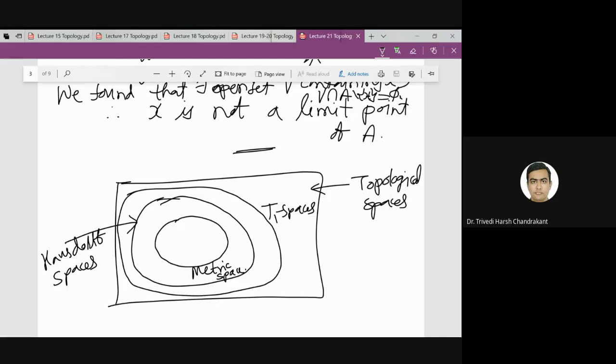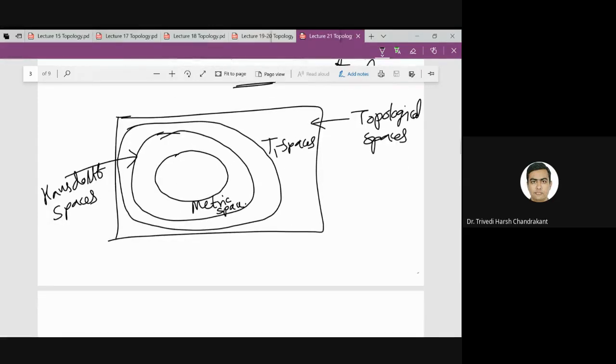So every metric space is a Hausdorff space, every Hausdorff space is a T1 space, and there are some examples of topological spaces which are not T1. All these things, we will discuss some counterexamples later on. This is just to give you an idea of how one collection is contained in the other collection.